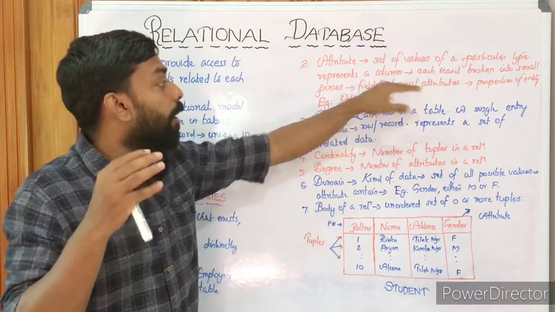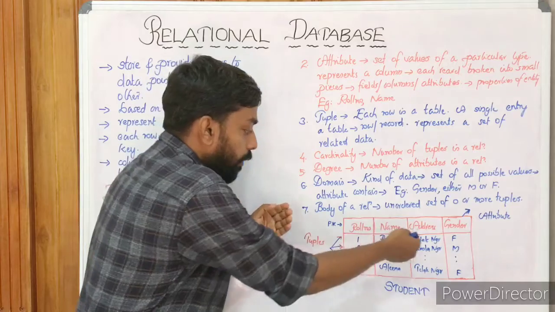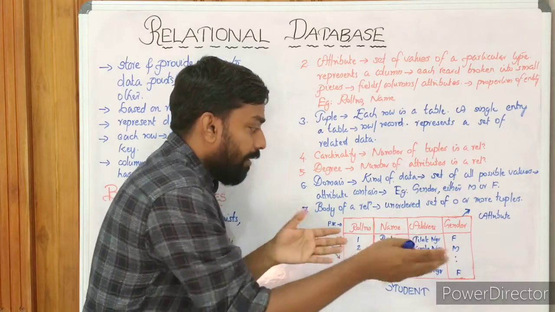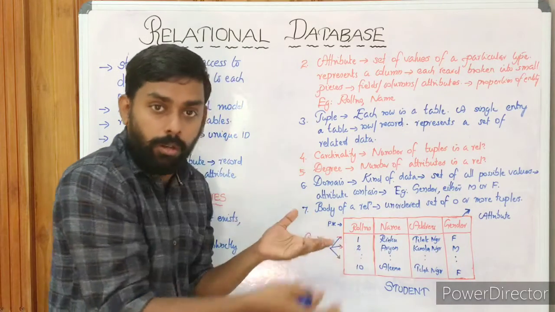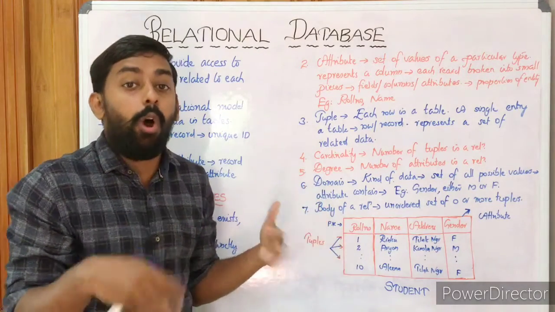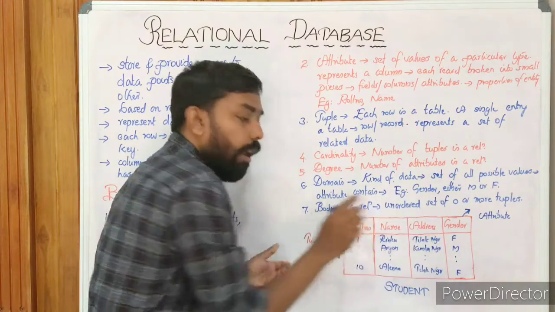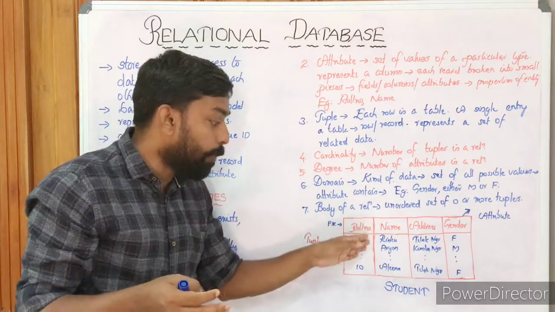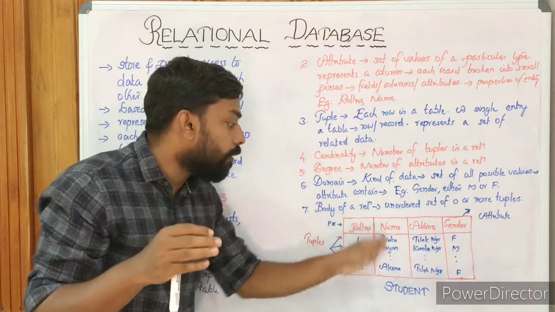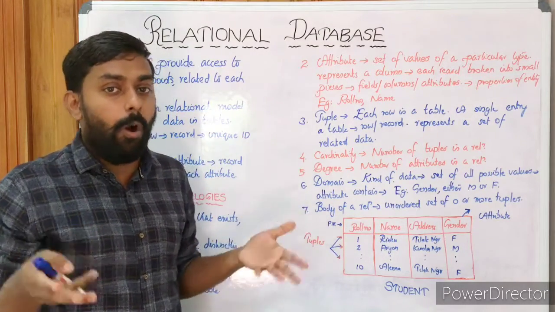Each record is broken into smaller pieces, right? This is a record actually. One Rinku Tilak Nagar F. Okay, this is the record or a row, and it is broken down into pieces. Those pieces are called columns or attributes. How many pieces? 4 pieces, and each piece is called an attribute or a column or a field.